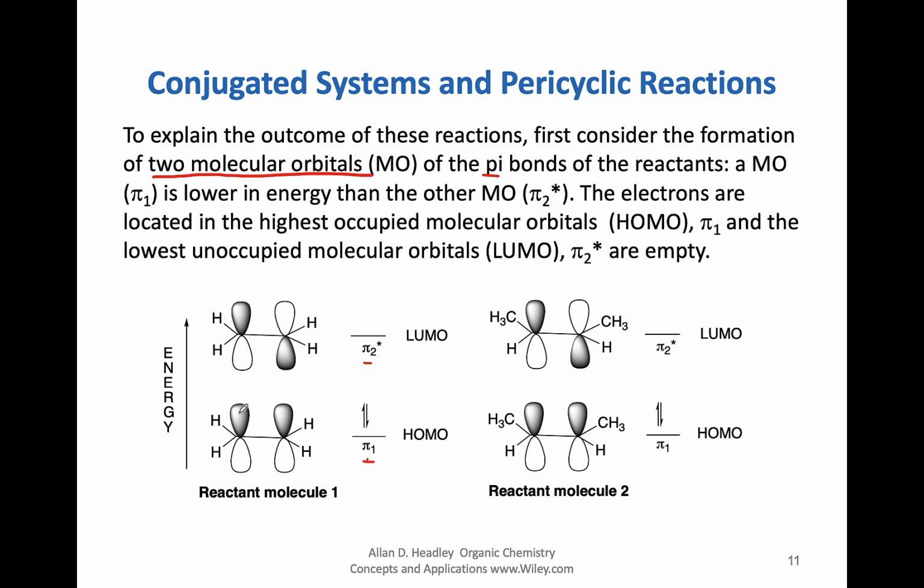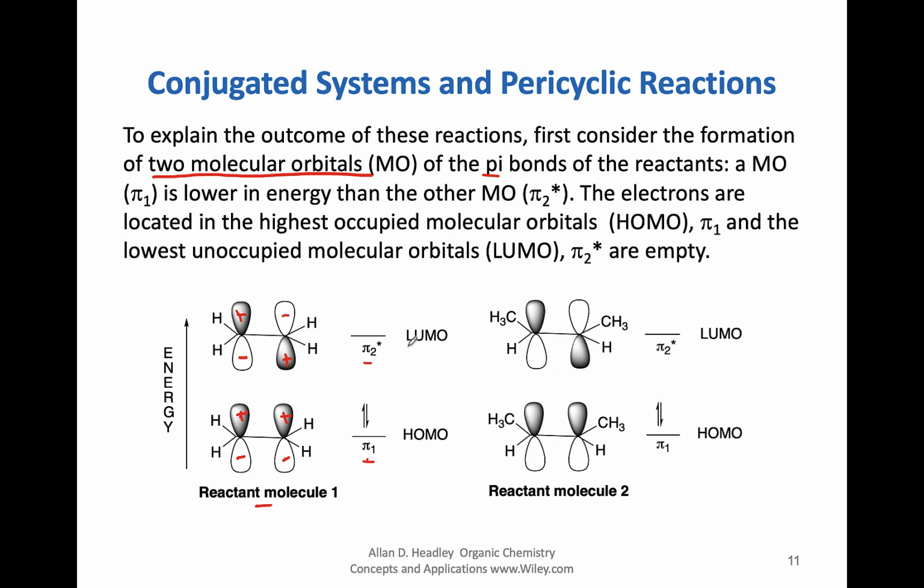In some books you'll see plus and minus and plus and minus, and then here we have plus and minus and then plus and minus, just to show that they are different. They're not the same, and the only difference is that they have different energies. So for reactant 1, which is our ethylene, and for reactant 2, which is our butene, the same pi bond occurs, and we have two molecular orbitals.